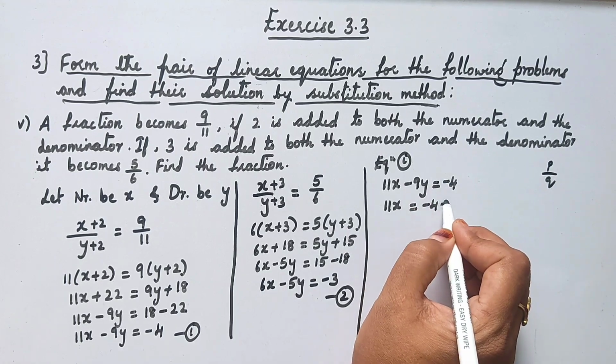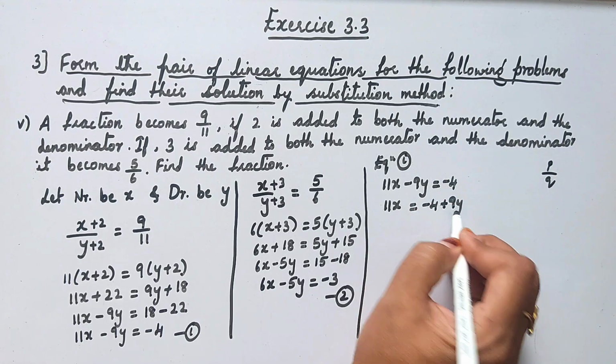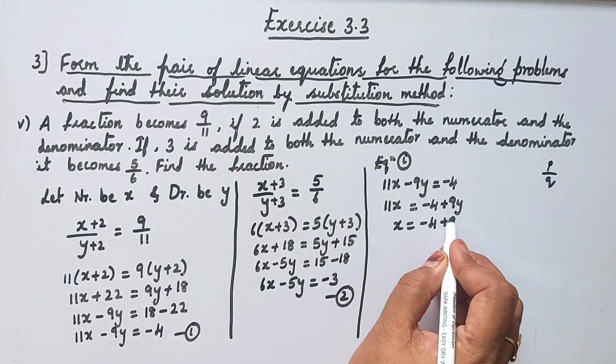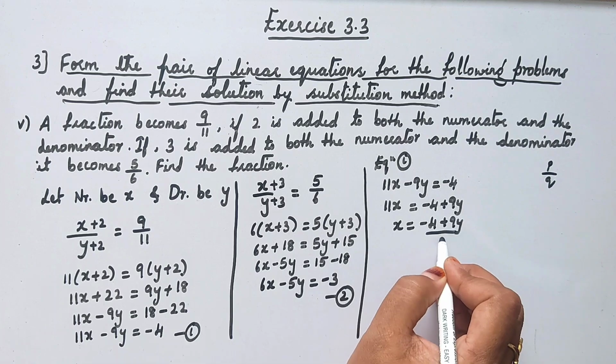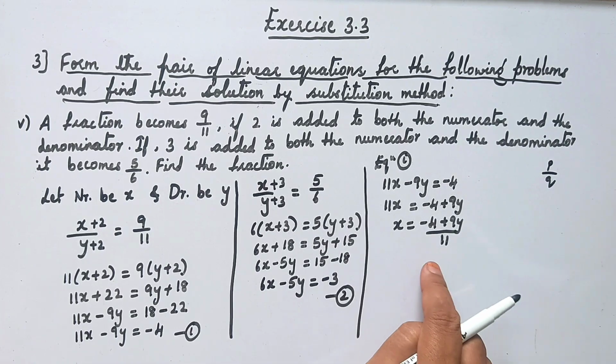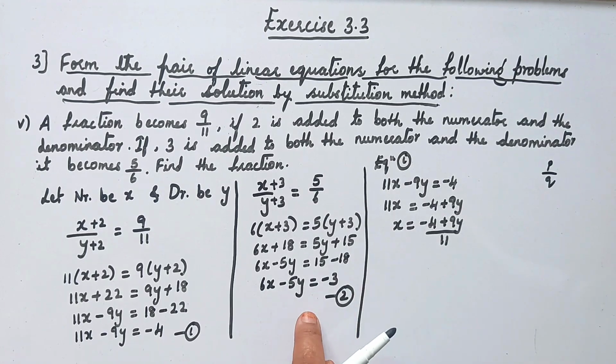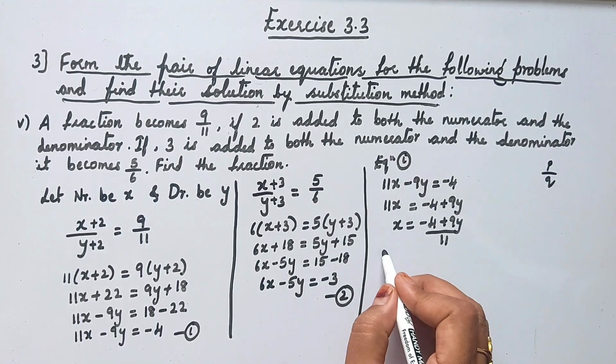Shift this to the other side, you're going to get plus 9y. x equal to minus 4 plus 9y upon 11. So the value of x we got, I'm going to substitute this in equation 2, students.